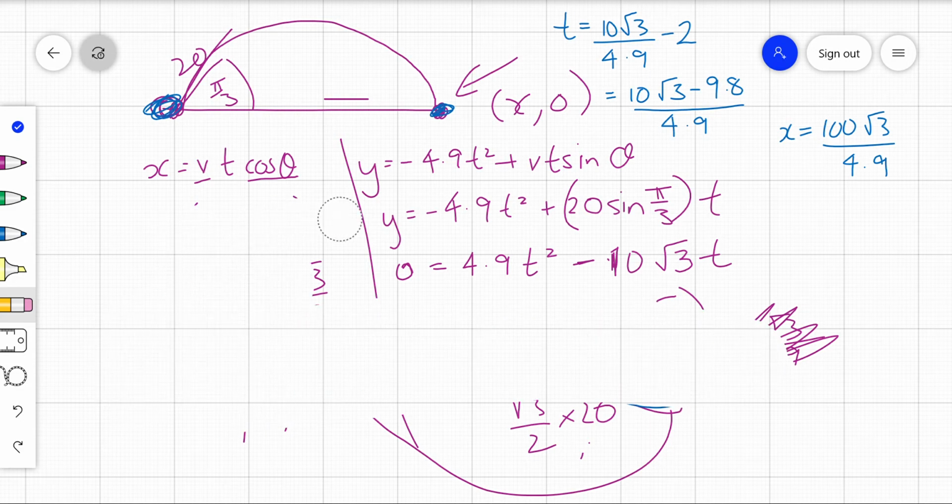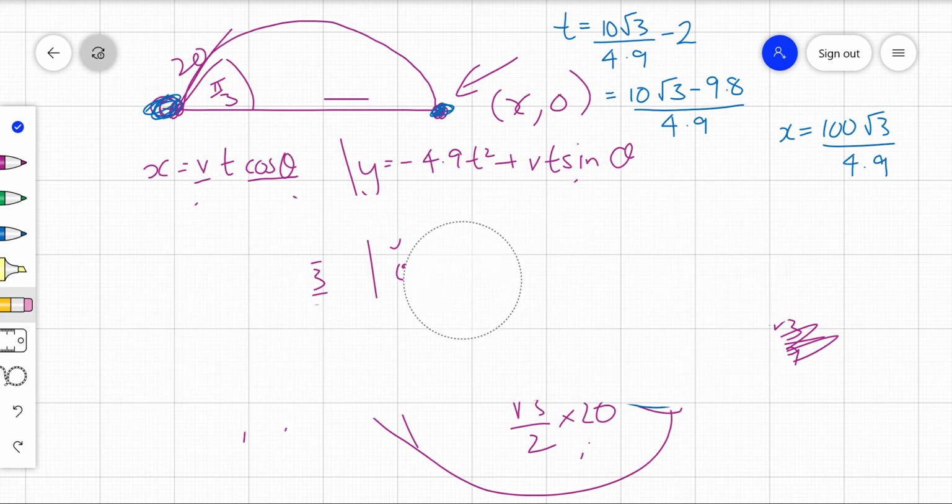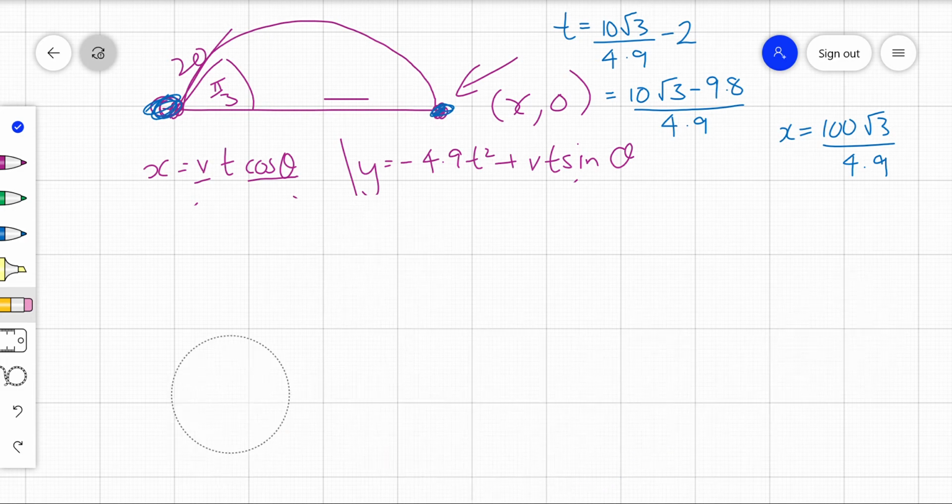I'm going to rub this bit out and use the same equations of motion. It's just we have a different velocity, so we have a different v, and we have a different angle. So what we do know is the time of flight is up here.